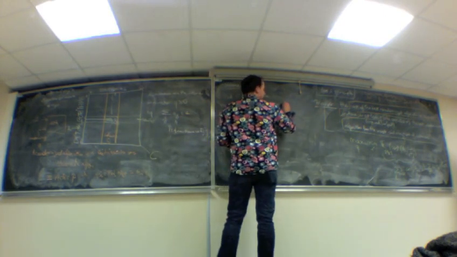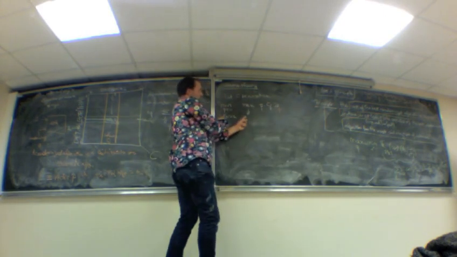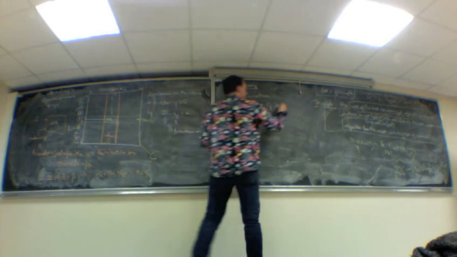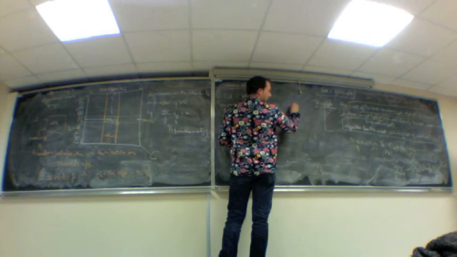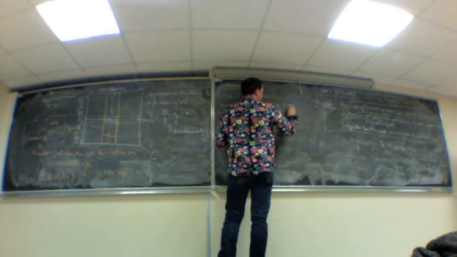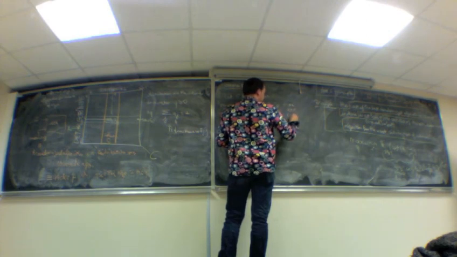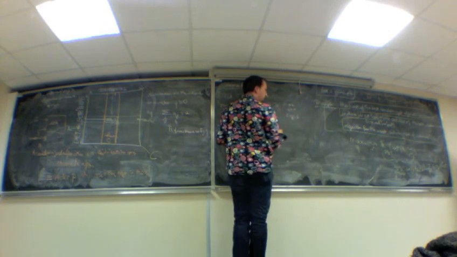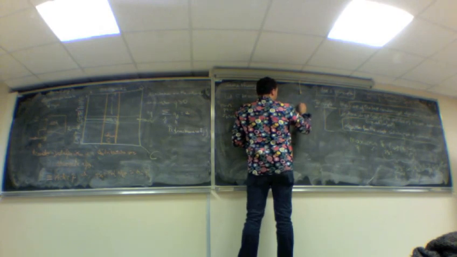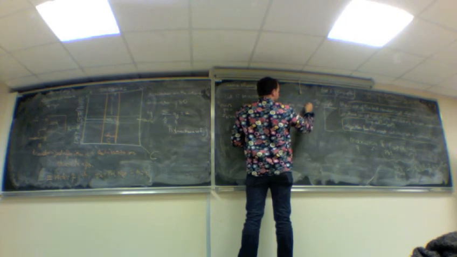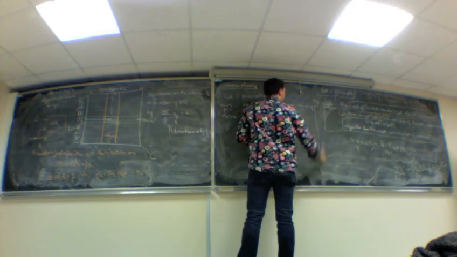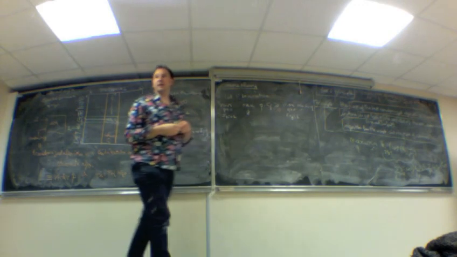Is at least equal to, you can exchange these two, max and min, to the max over Q positive such that the sum of the q_j is equal to 1 of the min over i of C_i times Q. Okay, that's what we want to prove.